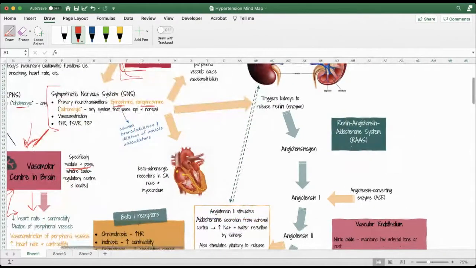The first thing we're going to talk about is norepinephrine, because it's what's really important here. But just so you know, the epinephrine is going to cause vasodilation in the blood vessels in your muscles. This is because your SNS response is the fight or flight response. When that gets kicked into gear, your body thinks you have to run from something.